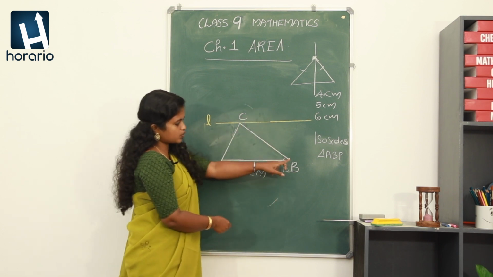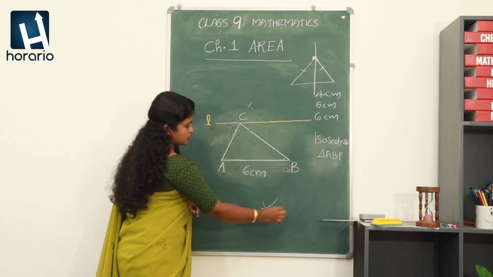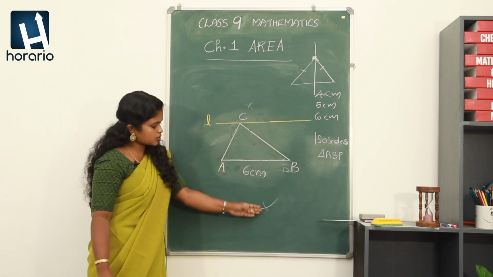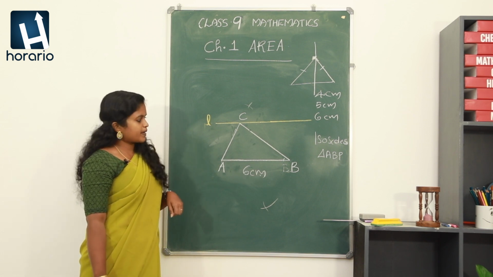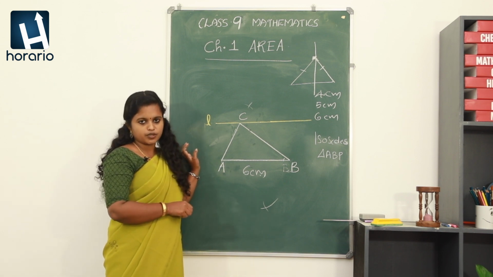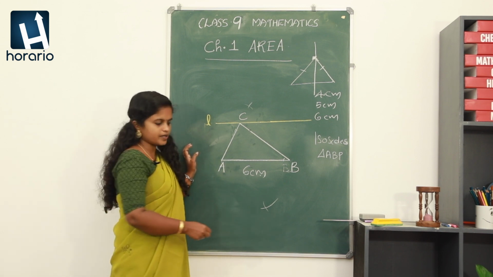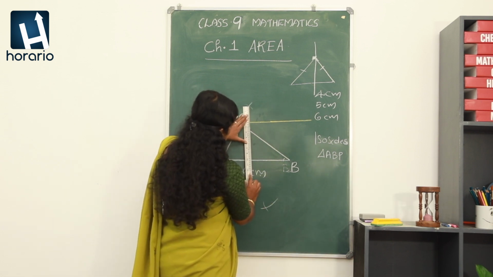Now the same can be done from this point also. We will cut these two arcs, right? And the two points of intersection can be joined. Thus we will get the perpendicular bisector. So using this technique you can draw it in your notebook. I am just drawing roughly. Clear? Okay. So I am going to draw the perpendicular bisector of the line AB.